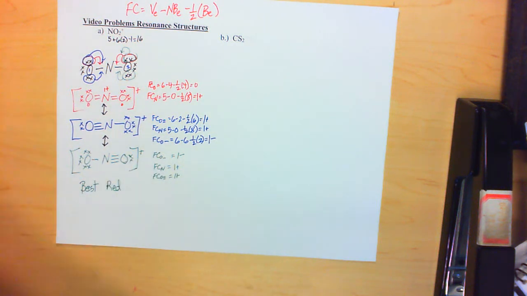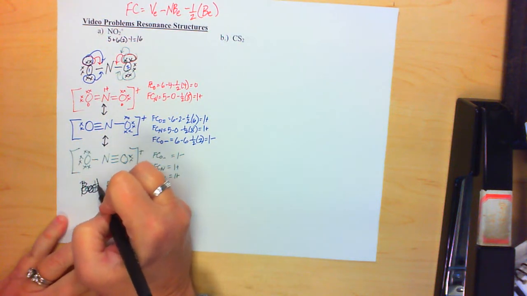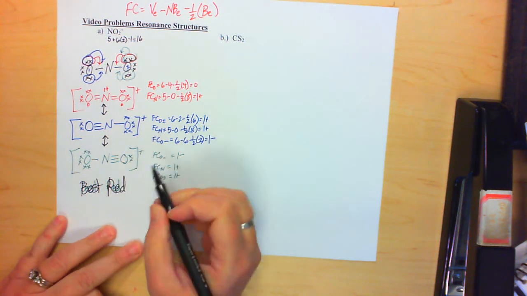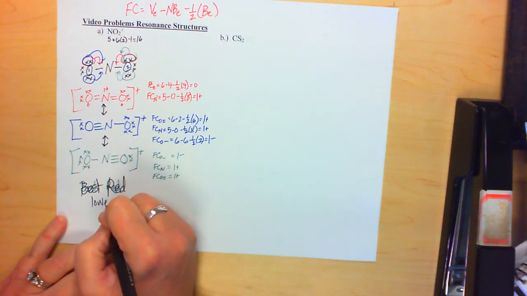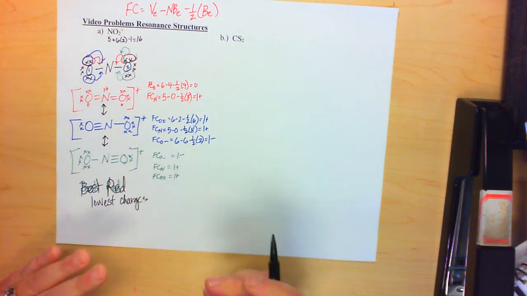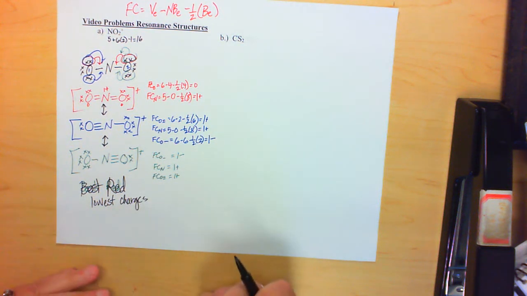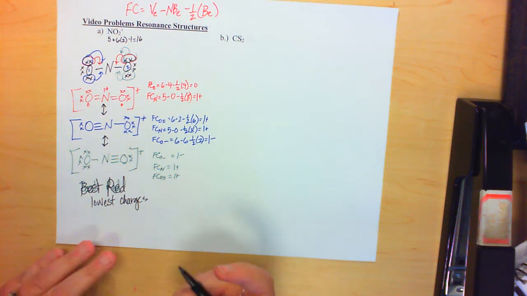Okay, let me change colors again. So your best one is the red structure because it has the lowest charges, and there's no negative. We only have a positive, and yes, it's on an electronegative species, but what's more electronegative, oxygen or nitrogen?